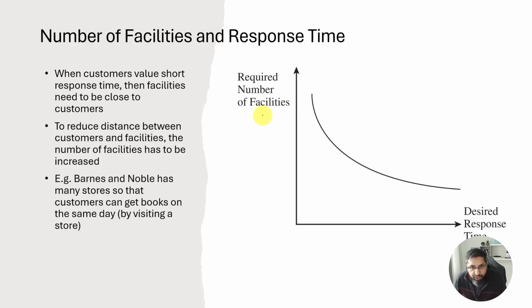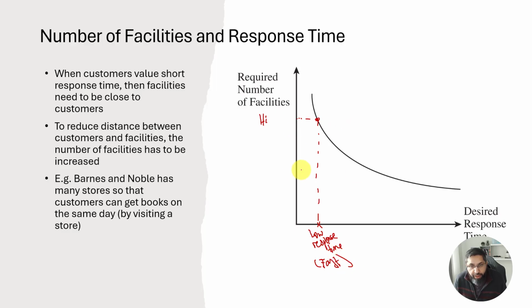So let's say you're here, this is, let's say, a high number of facilities. You go to this point on the curve, you come down. So a high number of facilities will give you a low response time. Low response time means it's fast response, right? Because your response comes quickly. So this is fast.